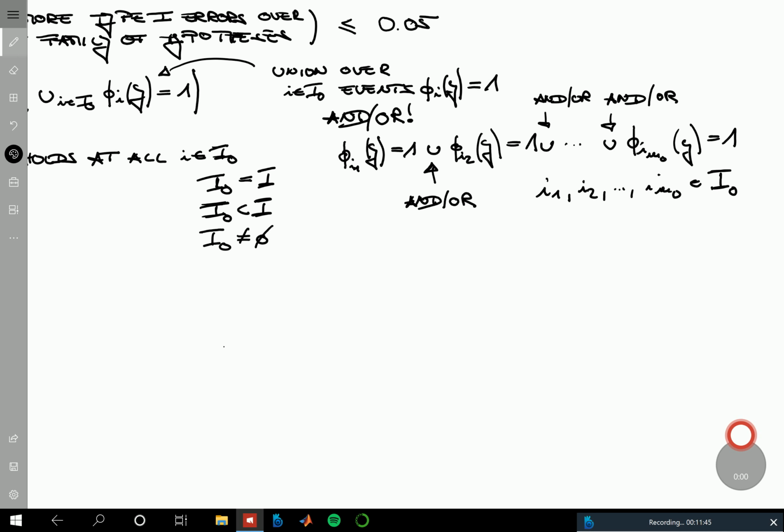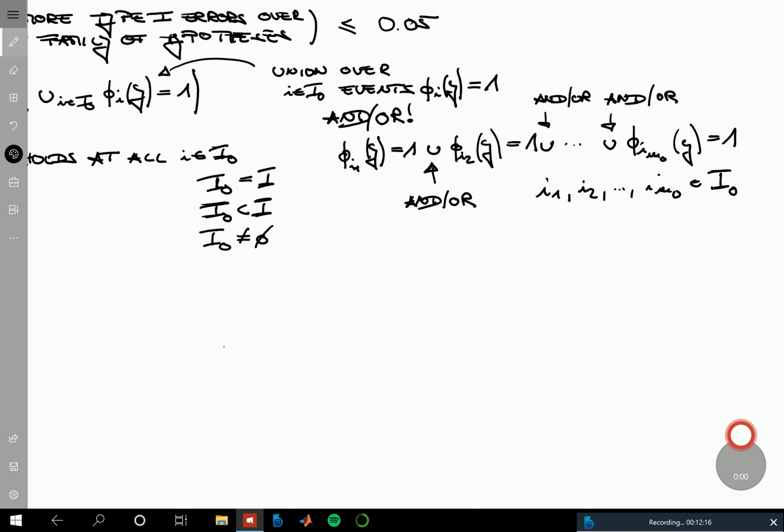So verbally this means you're talking about the event that the test at the first true null hypothesis comes out 1, and/or at the second true null hypothesis comes out 1, and/or at the third, and so on, and/or at the last of the true null hypothesis indices.